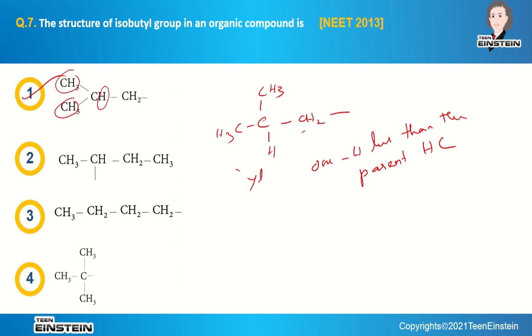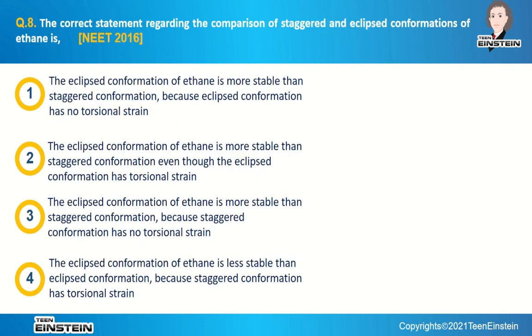Next, we will move on to the 8th question. The correct statement regarding the comparison of staggered and eclipsed conformations of ethane is. So there are 4 options given to us. Let us see the correct option. So first we think about what is conformation of ethane.